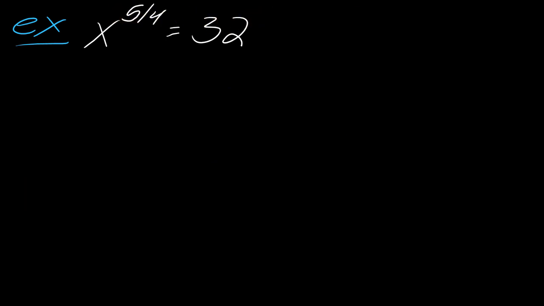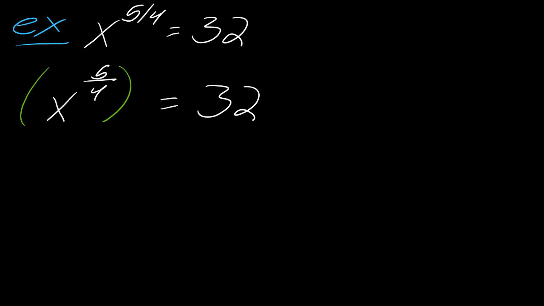So let me clear some space. I have x to the 5/4 equals 32. It's the same logic in that I want to multiply by the reciprocal exponent.